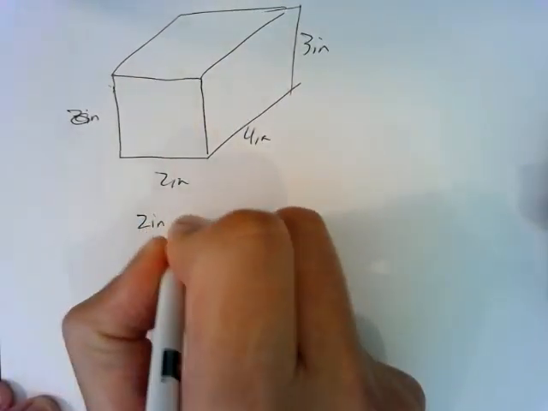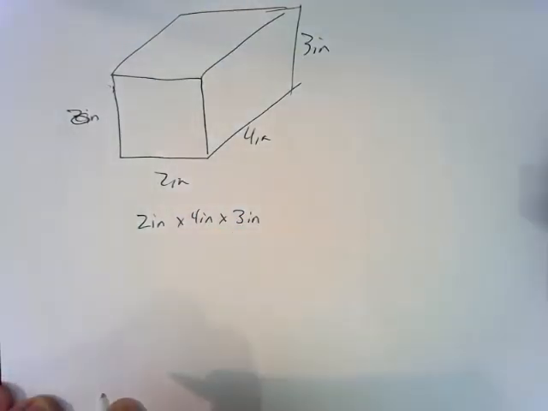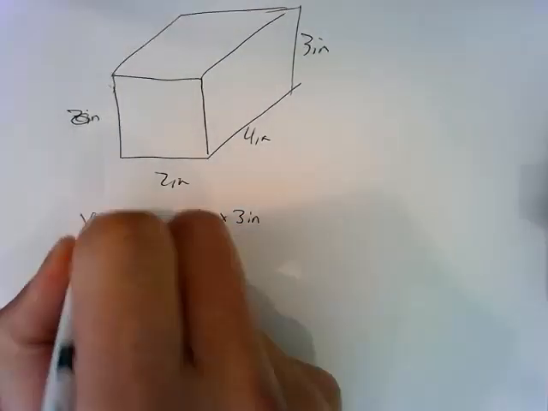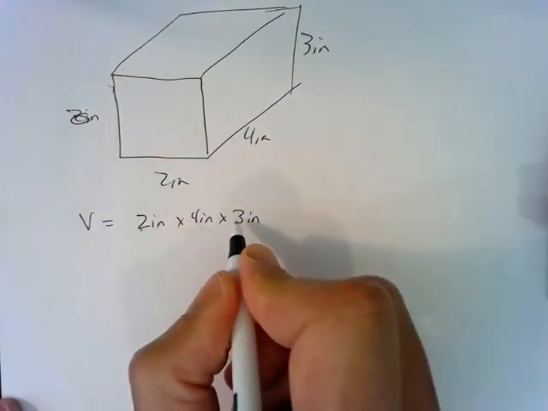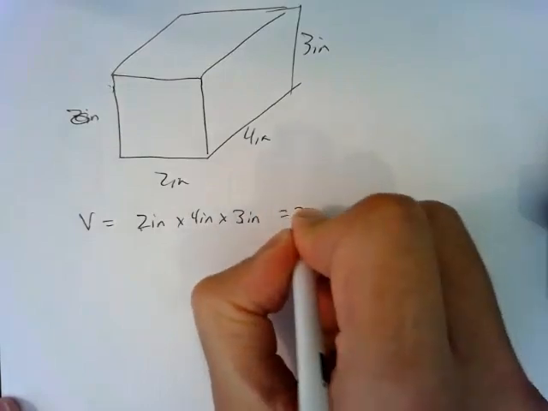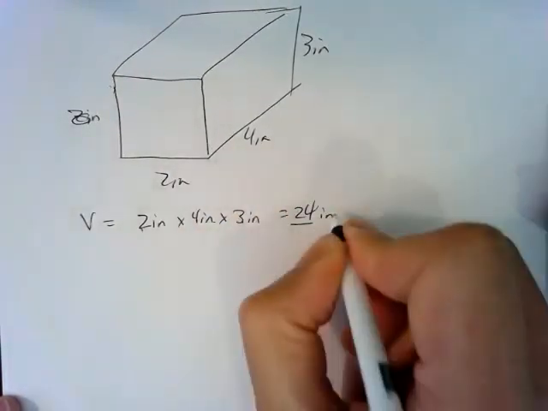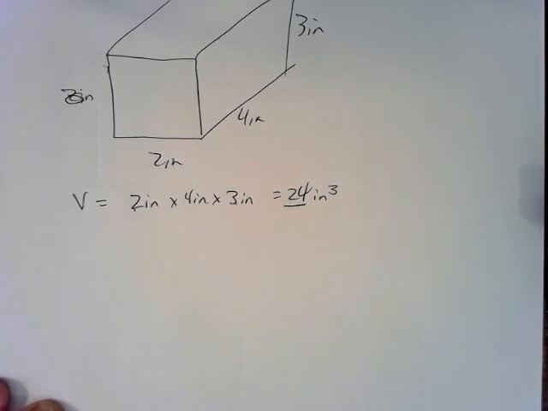So in this case, we'd have 2 inches by 4 inches by 3 inches. And if we were asked for the volume of this, then the volume would be 2 times 4 is 8, 8 times 3 is 24, and we'd say the volume is 24, inch times inch times inch, or cubic inches. So now we've got a volume that's 24 cubic inches.